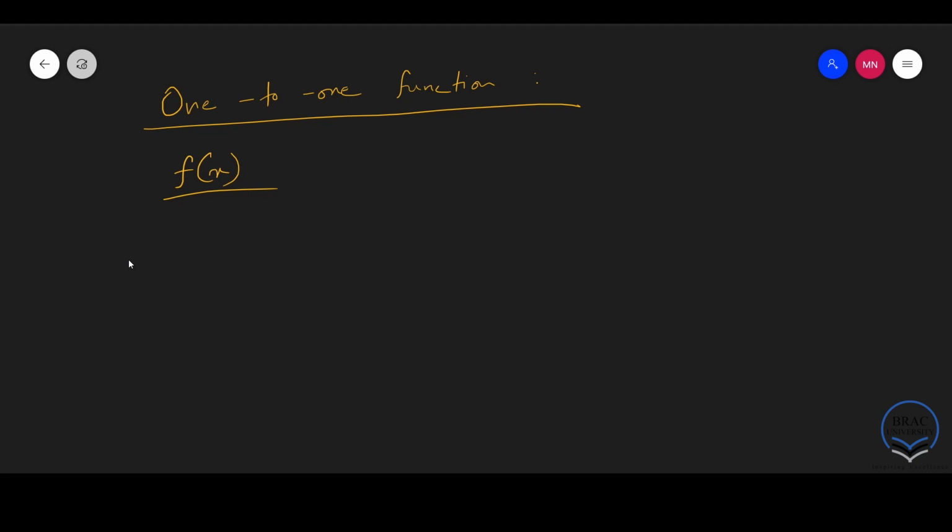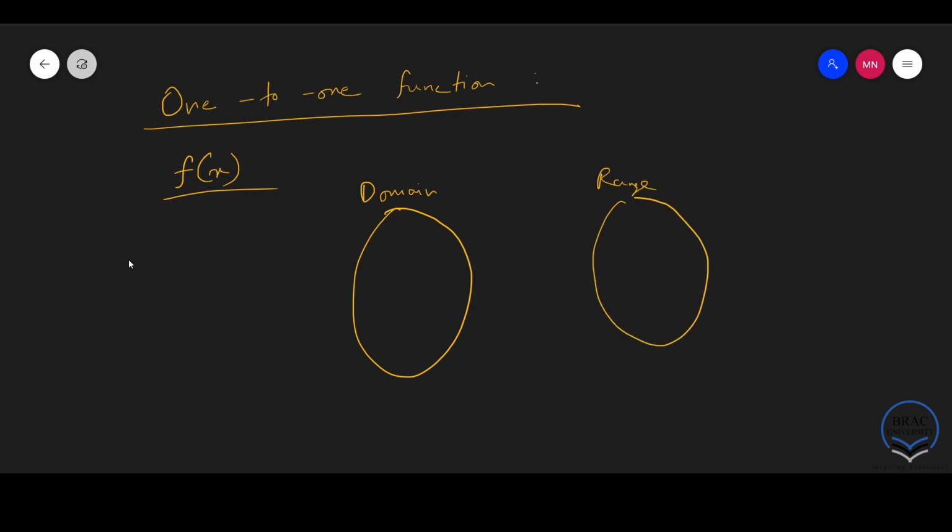For example, if I have the domain and range for a function that is one-to-one, with inputs x1, x2, x3 and outputs y1, y2, y3, or even y4, then each of these inputs corresponds to a unique output.